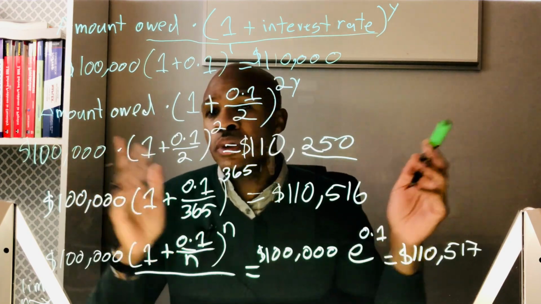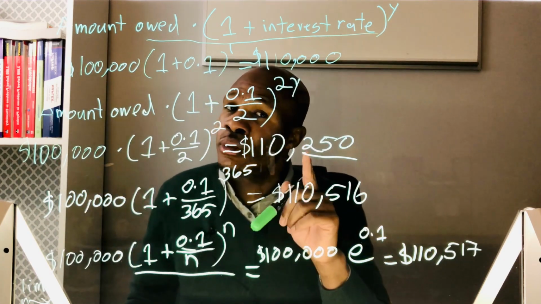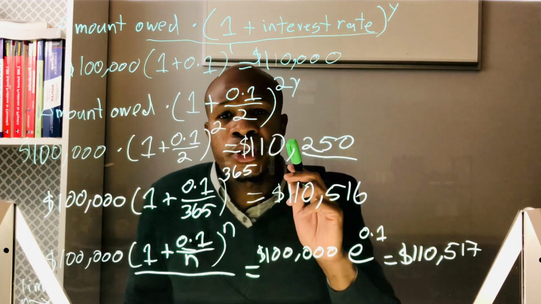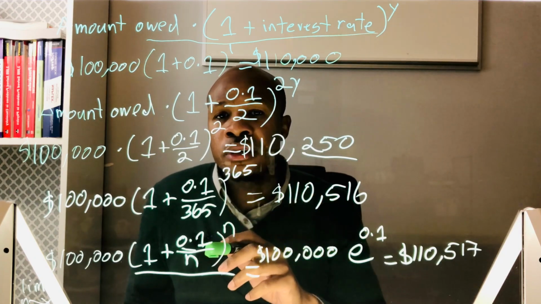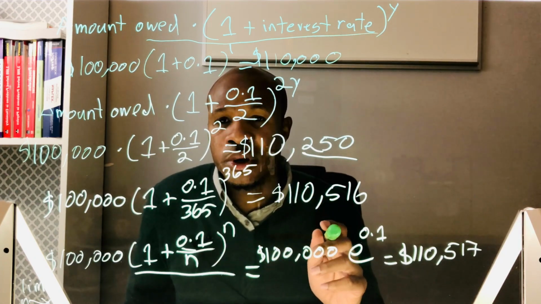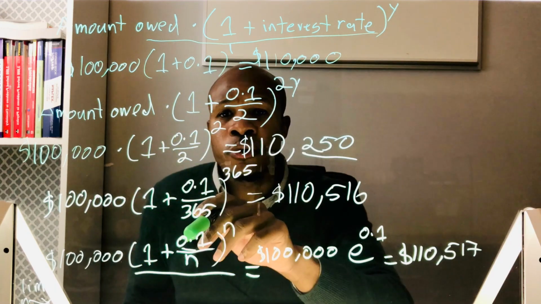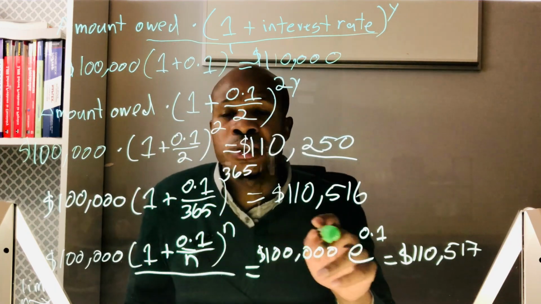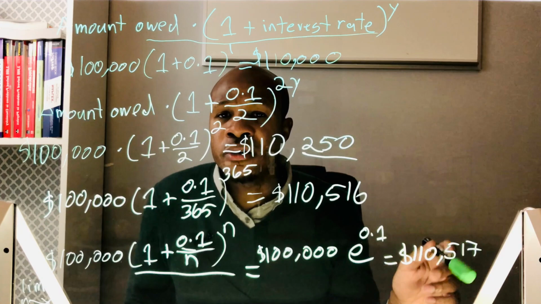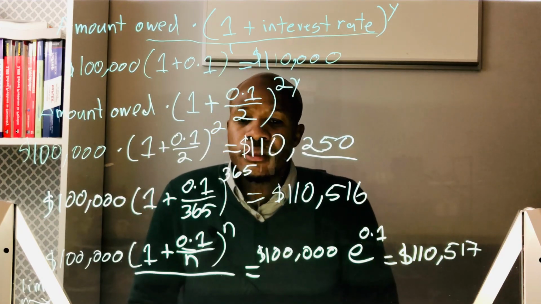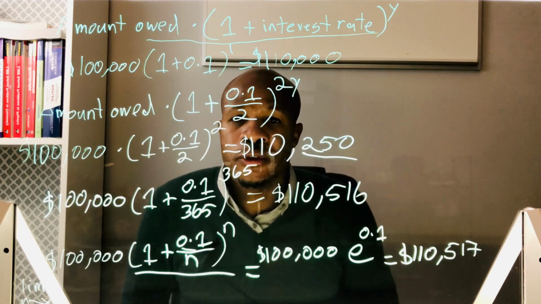Well, you might go, I'm going to go with the 6% because that's lower. Well, not too fast, because you must ask how often the interest is compounded, okay? And you can use these equations to see how much interest you will accrue over a given amount of time.